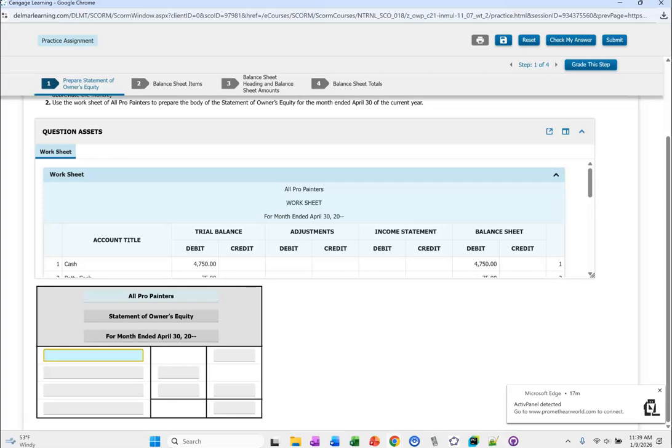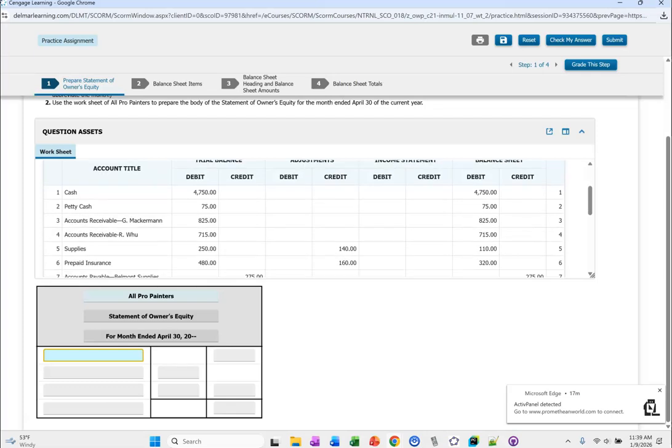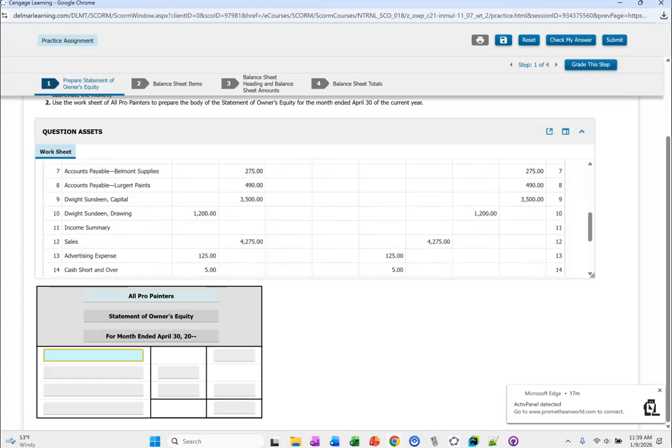Now, my first entry should be the capital account, right? So I'm going to scroll down till I find that. So Dwight Sundin, and we want the capital account on the 1st, I believe.